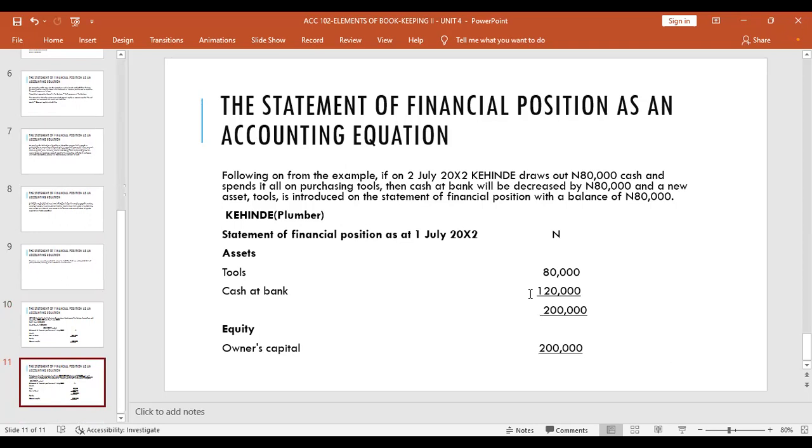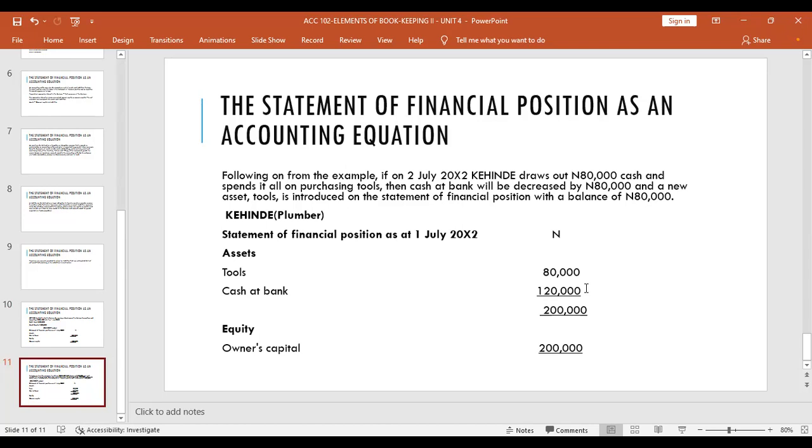That is why the cash at bank is reading 120,000 now. But we bought tools, so we have new assets, which we call tools here. Kendi is a plumber, so he has bought plumbing tools, worth 80,000.